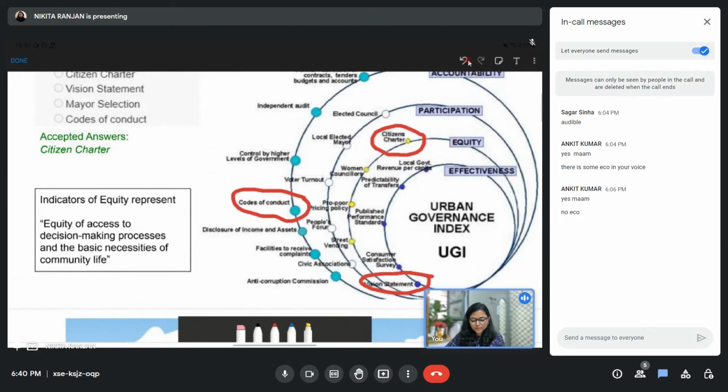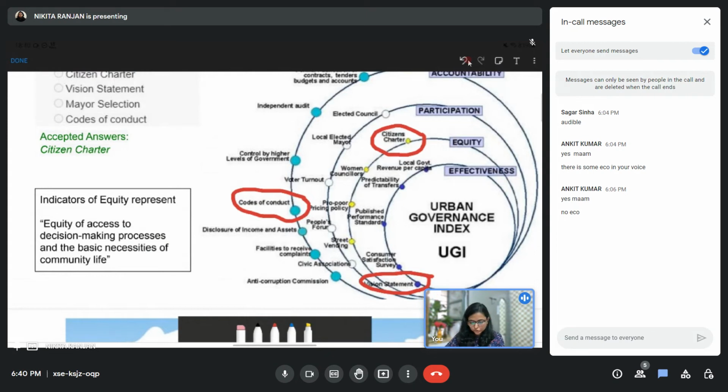It means that the urban governance body should provide equitable access. I just said equal, which is not the correct term to be used here. Equitable access is the correct term. So it should provide equitable access to the decision making processes as well as basic necessities of community life.